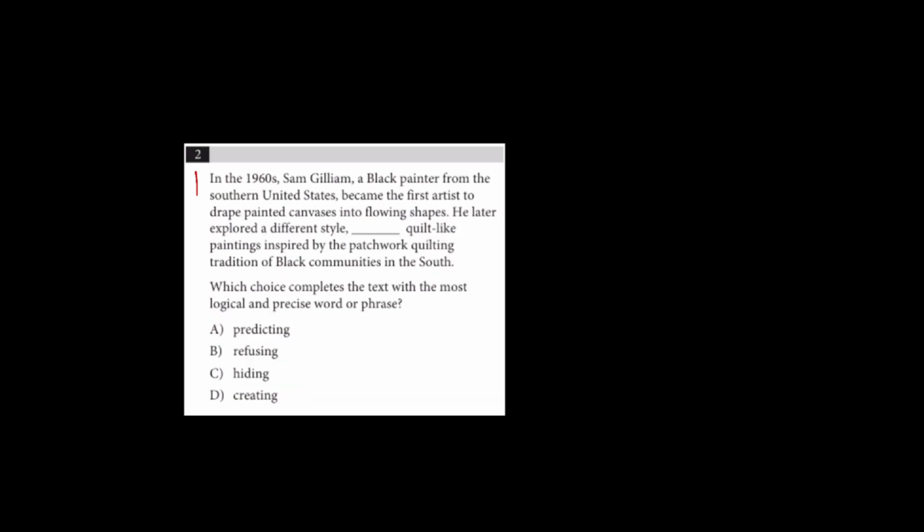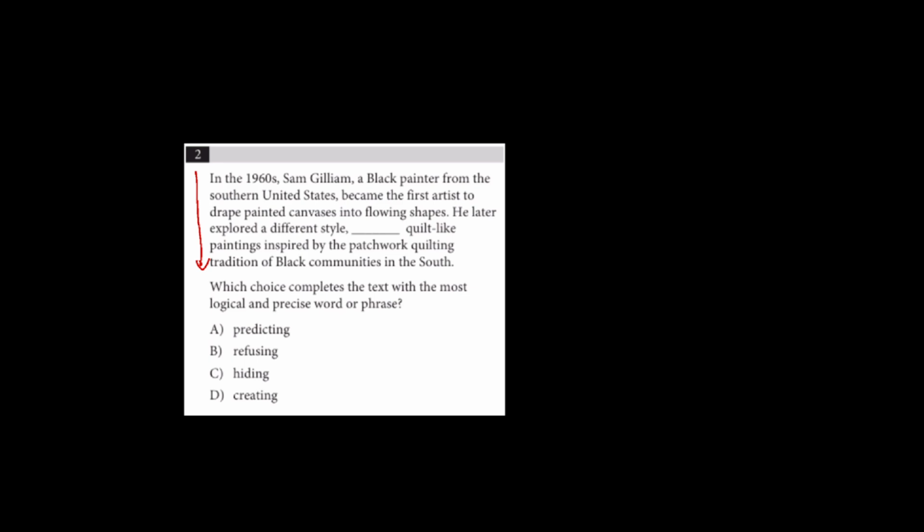Same thing, we're going to read the entire passage, and then we're going to look at the question. Which choice completes the text with the most logical and precise word or phrase? So pretty much the same as the last one. We're going to look at this blank space, and we're going to put in A, B, C, and D. Making quilt-like paintings inspired by the patchwork quilting tradition of Black communities in the South.